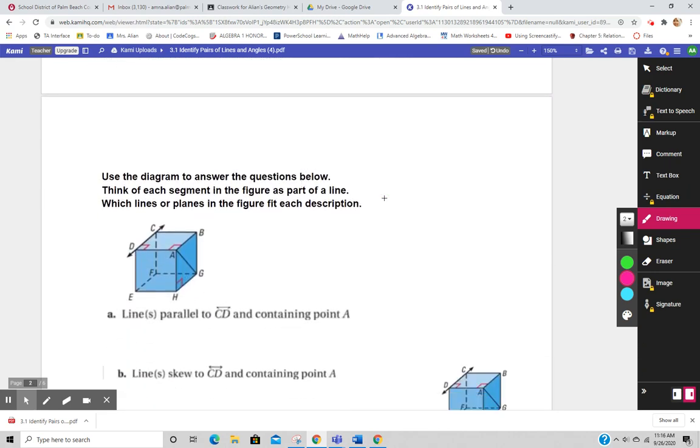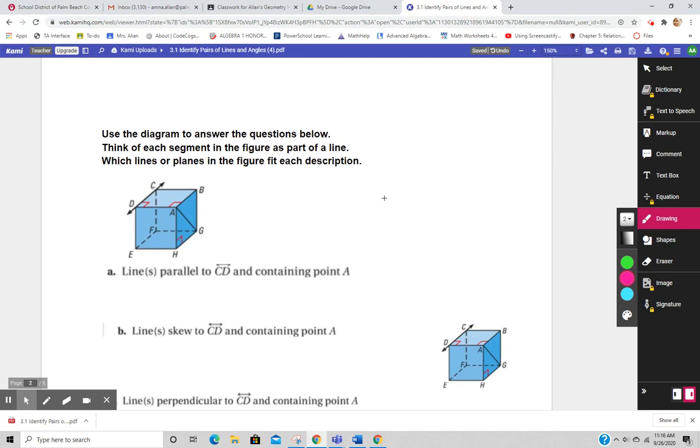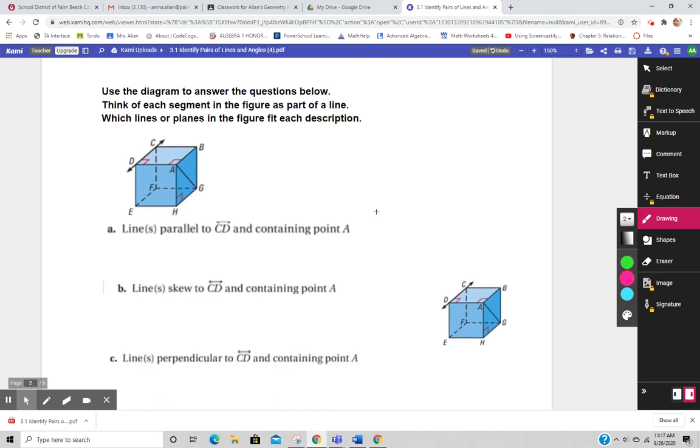All right, let's put this to practice. Use the diagram to answer the questions below. Think of each segment in the figure as part of a line. Which lines or planes in the figure fit each description? We want to find the line that's parallel to CD containing point A. So we want it to be parallel to this line CD, but we want that line to also contain point A. Okay, this line HJ is parallel to CD.